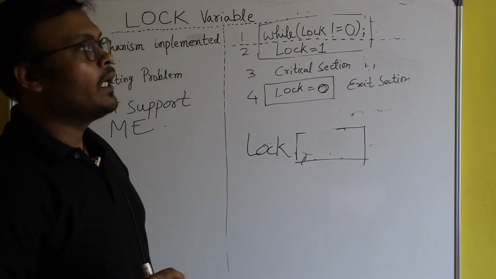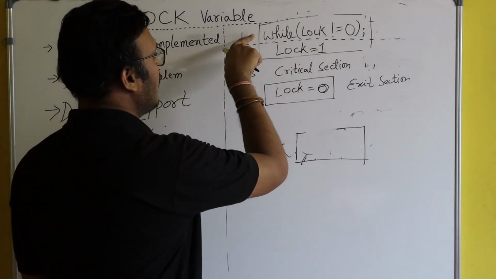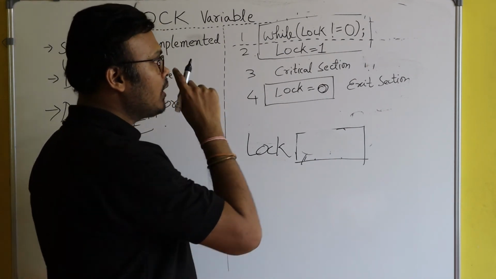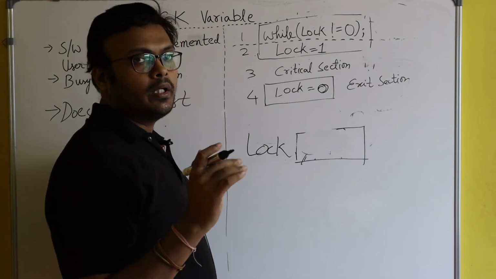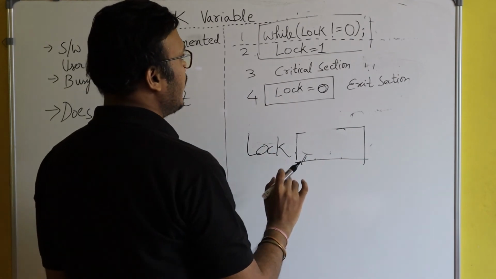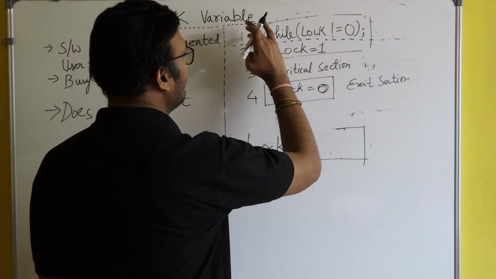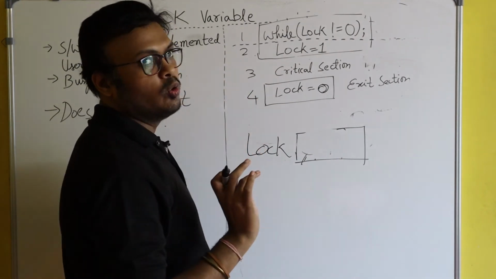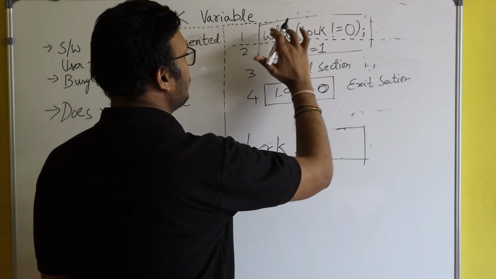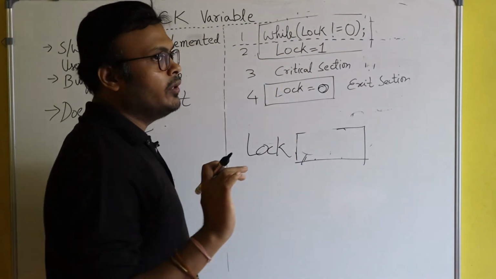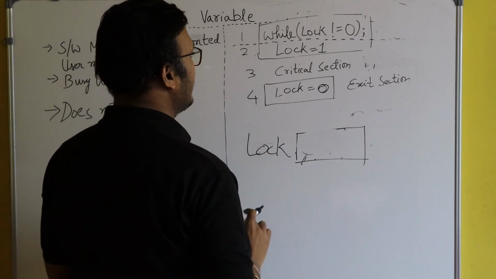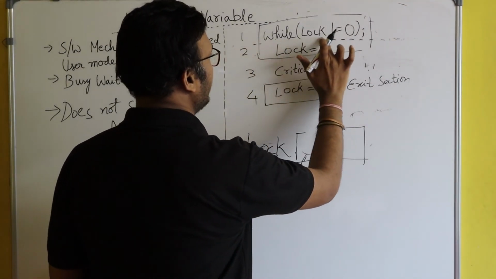Why does this problem arise? Due to the preemption after line number 1. If the code is written in such a way that there is no preemption between line number 1 and 2, suppose you think of it as an atomic instruction, or just think of it as a single instruction, imagine it's written in a single line.